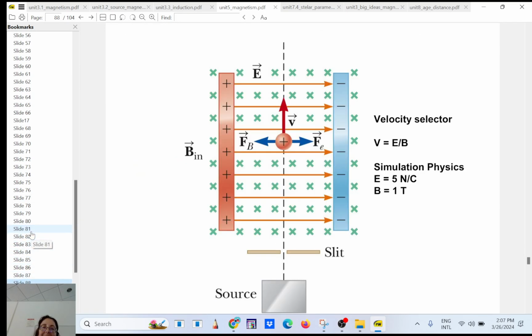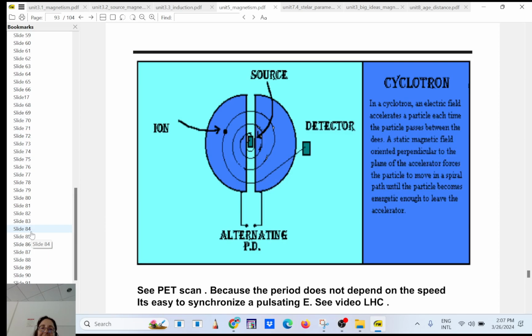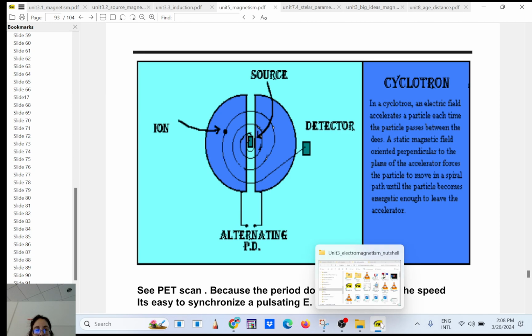It's a cyclotron. Okay, remember the cyclotrons: accelerate, deflect, accelerate, deflect, accelerate, deflect. So at the end, you're going to have a very high speed proton, for example, that you can use for proton therapy, or you can use to make radioisotopes.